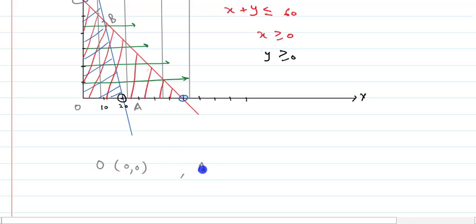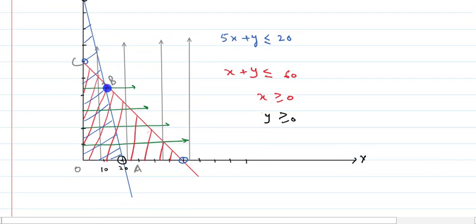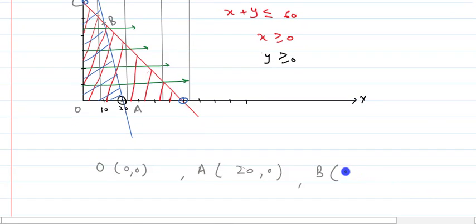Second, point A has the coordinates 20, 0. Point B is this point, and it has the coordinates 10 and 50.